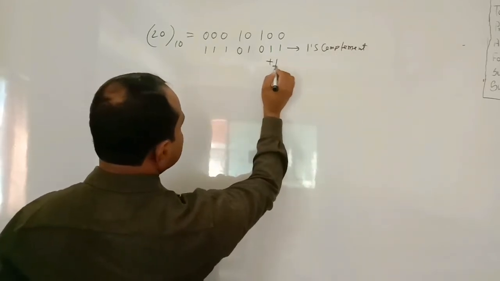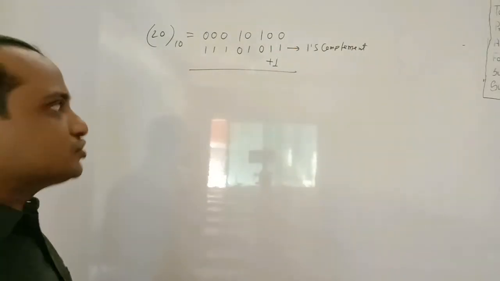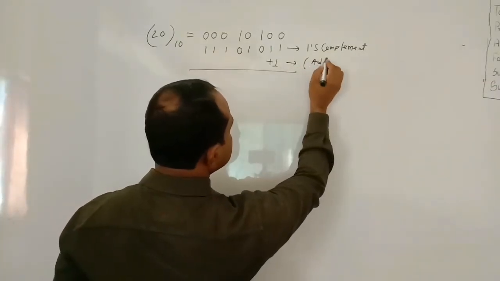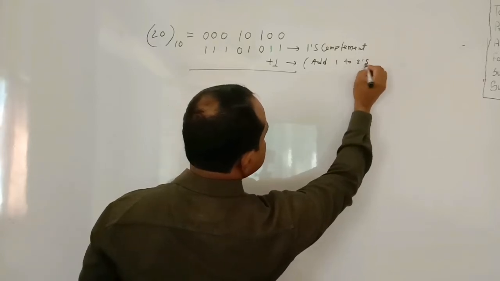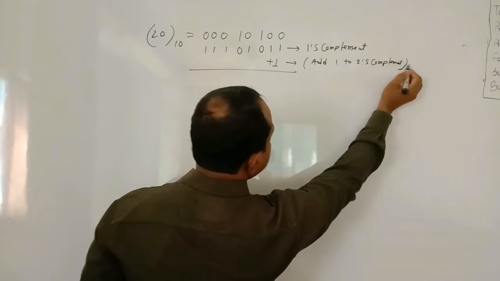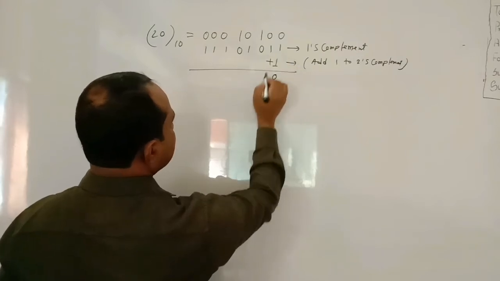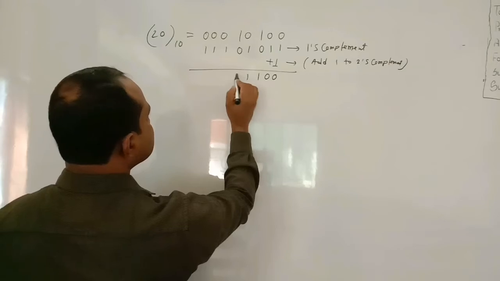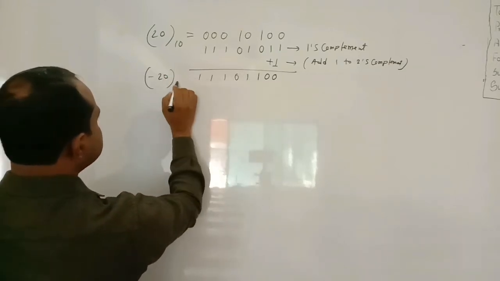And if you add 1 to the 1's complement form, then it will be the 2's complement form. 1 plus 1 equals 0, carry 1, and so on. The result is 1 1 1 0 1 1 0 0. This is minus 20.